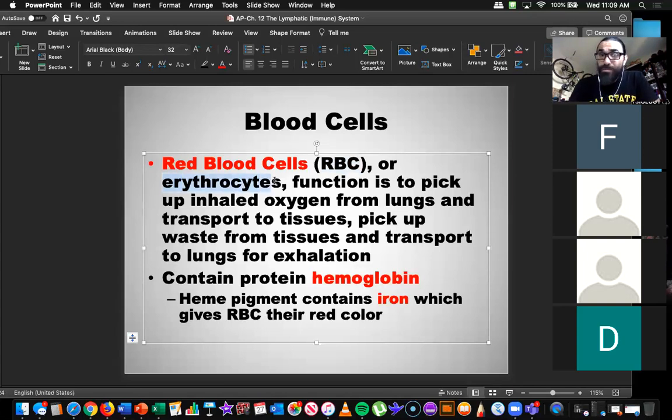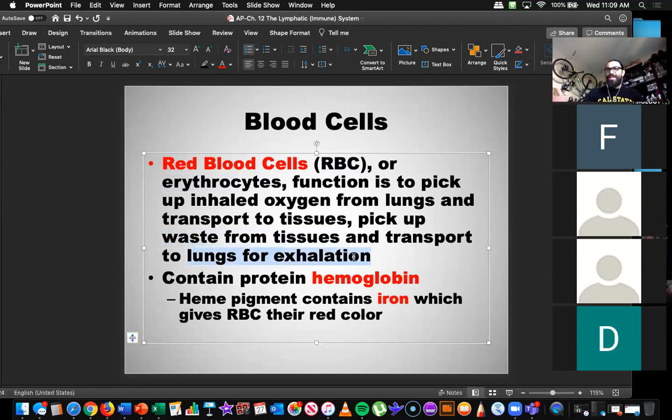And what red blood cells do, you're probably aware of this because we talked about it in the circulatory and respiratory system, is they pick up oxygen, right? They pick up oxygen and they transport that oxygen to your tissues. But when they go to the tissues, they also pick up with them the waste that your tissues release, and then your lungs exhale that.